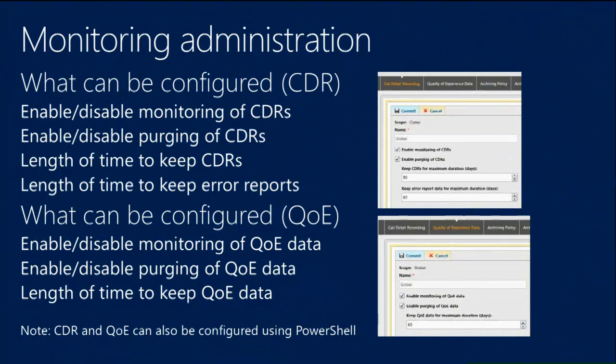You enable or disable monitoring, enable or disable purging, and set the length of time that you are keeping the data. It's the same across CDR and QoE. And then the only exception probably here is for the CDR, you can also define the length of time to keep error reports.